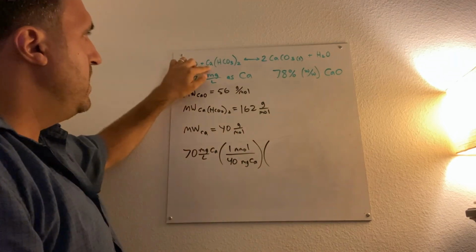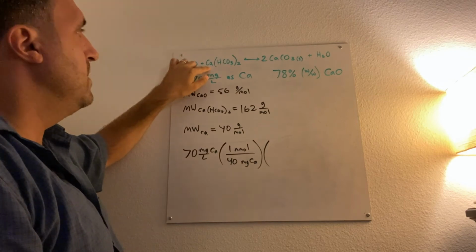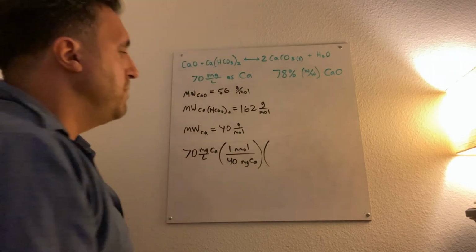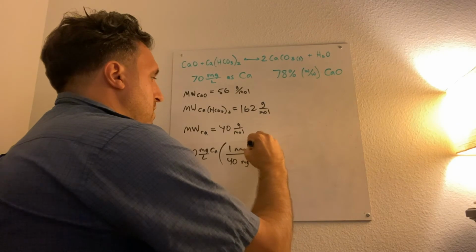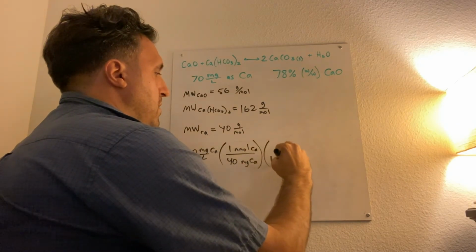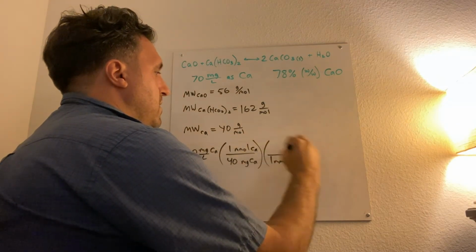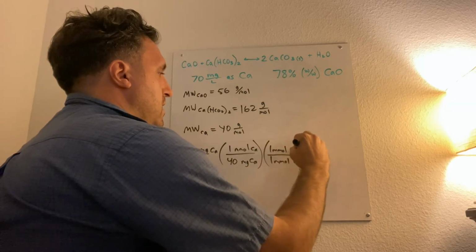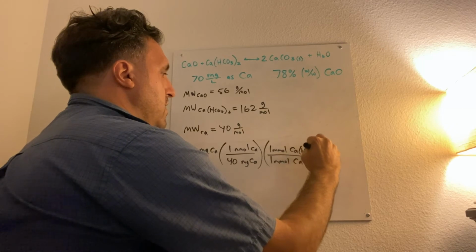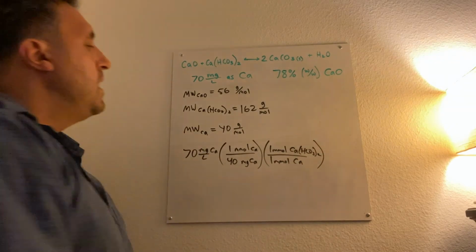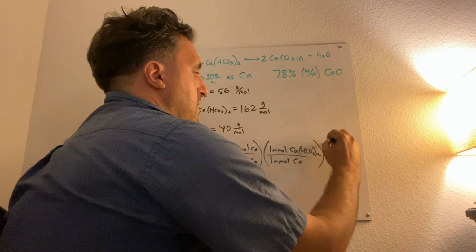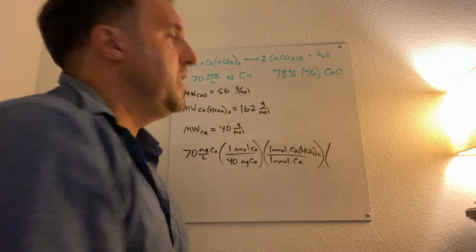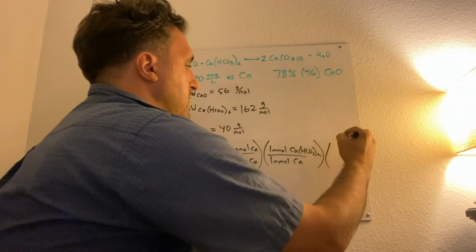There is 1 mole of calcium in each mole of calcium bicarbonate. So 1 millimole of calcium for every 1 millimole Ca(HCO3)2. And then we can multiply that by the molecular weight of calcium bicarbonate.